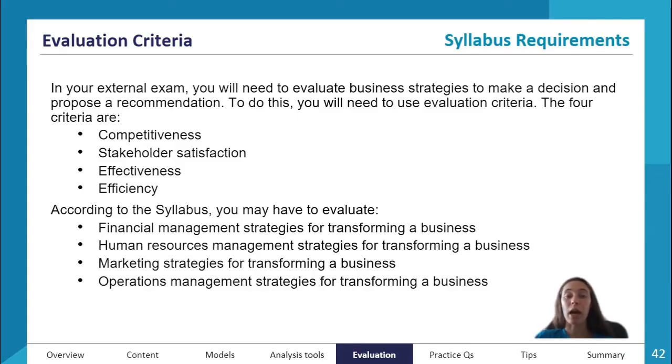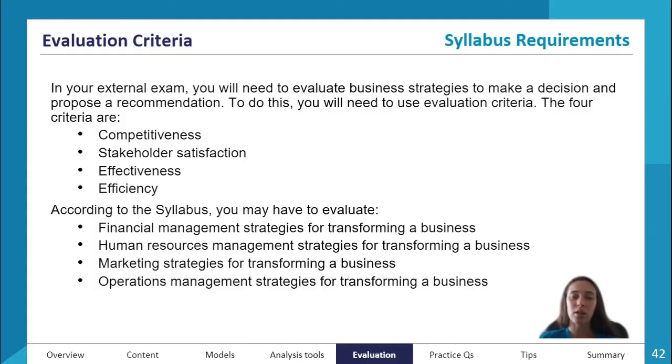You could be looking at marketing strategies for them changing the name and the branding to X instead of Twitter. You could look at financial management strategies with that transition of ownership and how the business has managed its finances relating to that transformation.